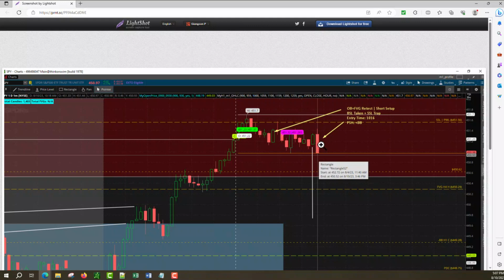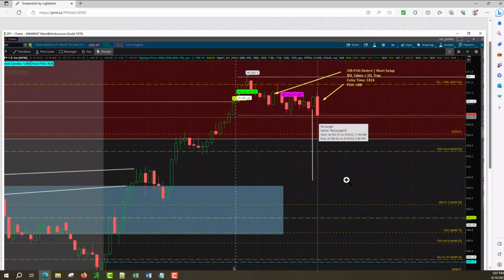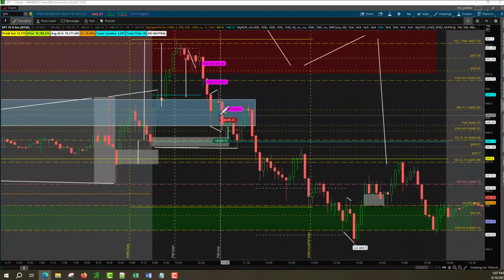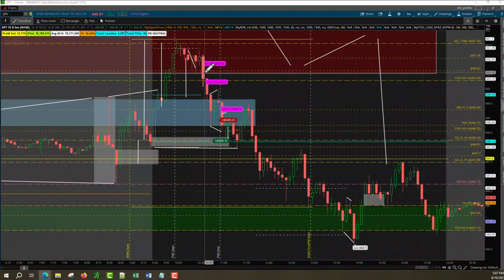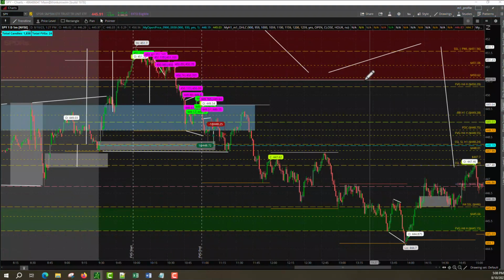It is the retest, or you have another order block right here. 10.18, that's our entry. Let's go back to the chart to see. This is a 5 minute. Let's go back to the 1 minute chart.